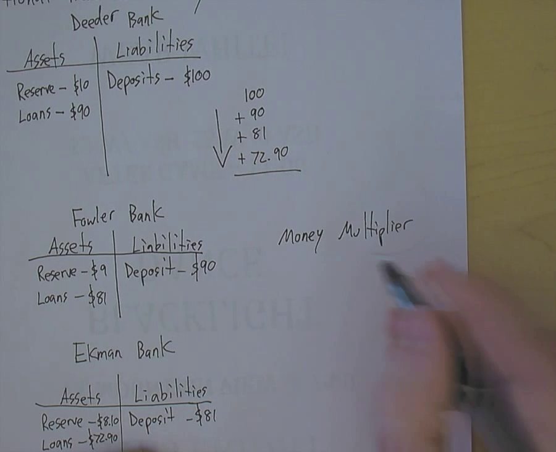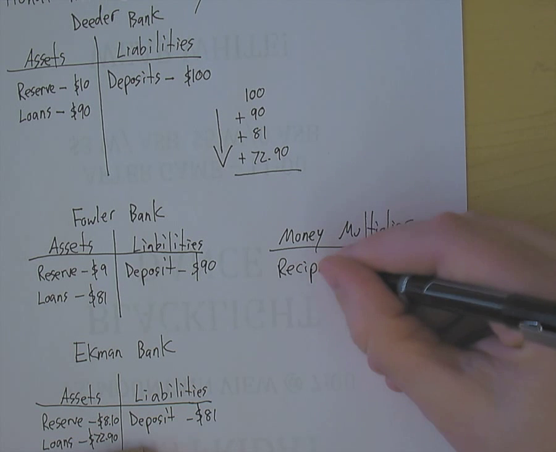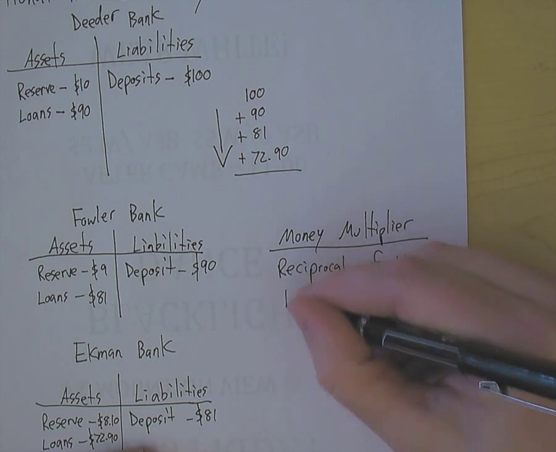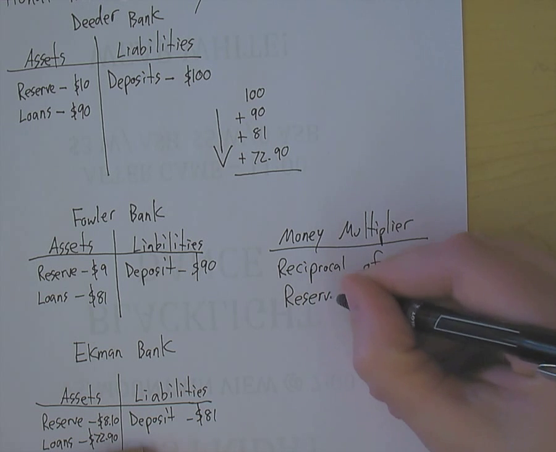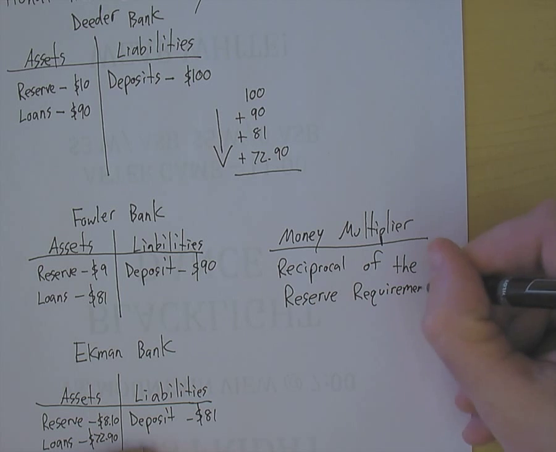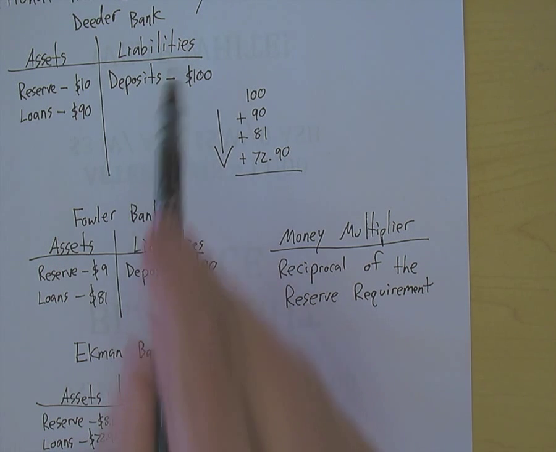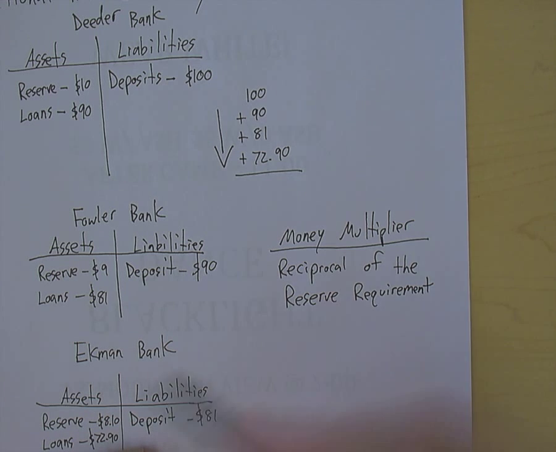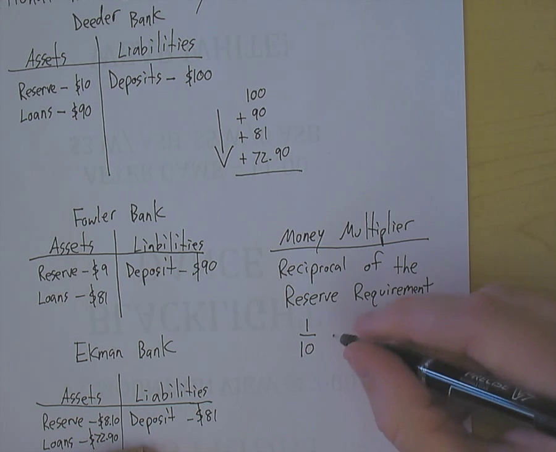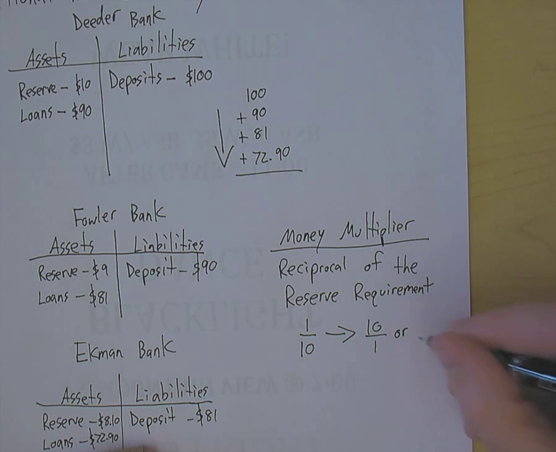And the money multiplier is the reciprocal of the reserve requirement, which in our example, the amount of reserves the bank had to keep was 10%. So if I wrote 10% as a fraction, it would be 1 over 10. So the reciprocal of this is going to be 10 over 1, or just 10.